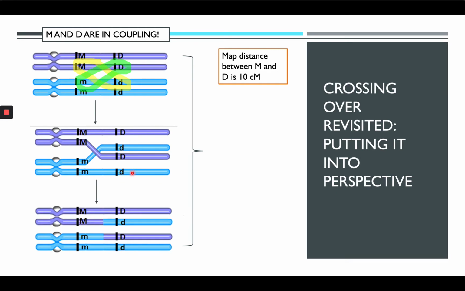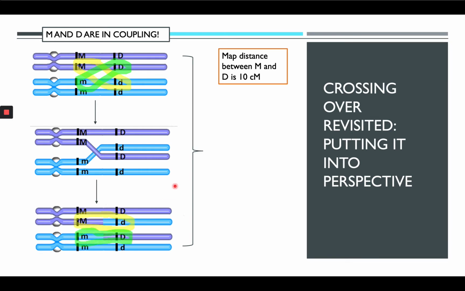As you can see here, there are now 2 parental gametes shown on the top and the bottom chromatid, and 2 recombinant gametes shown on the inner chromatids, right? So the recombinant gametes are seen as the dominant allele big M with the recessive allele little d, and the recessive allele little m with the dominant allele big D on the other chromosome.